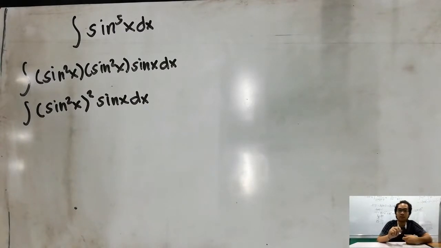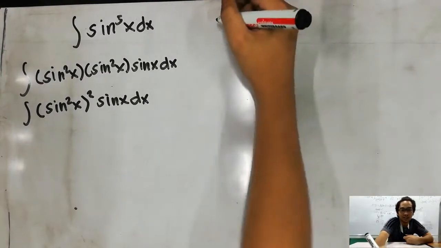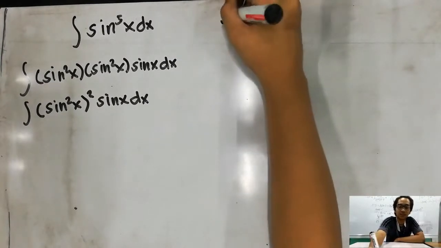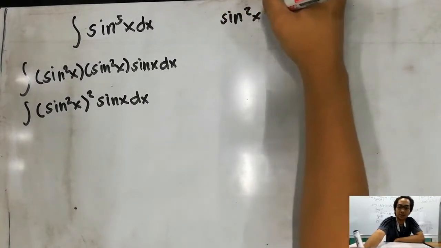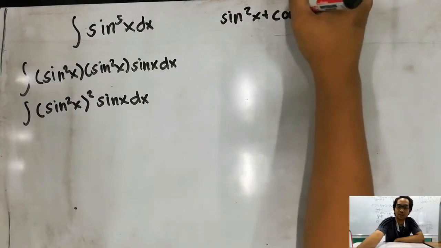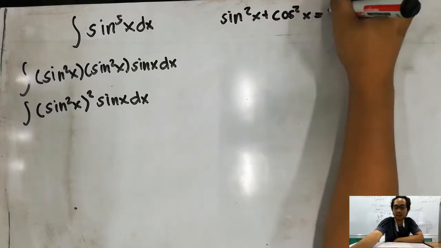Remember that we have a Pythagorean identity: sine squared x plus cosine squared x is equal to 1.